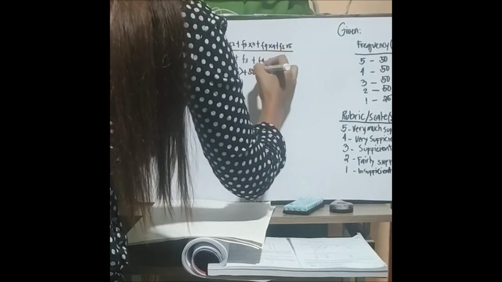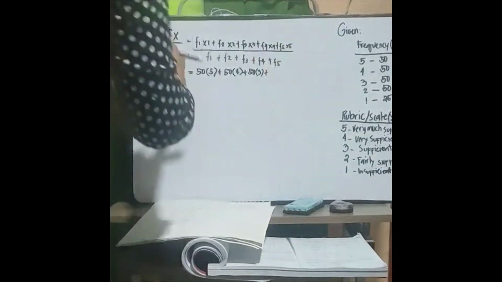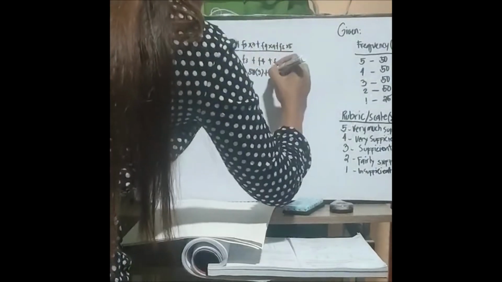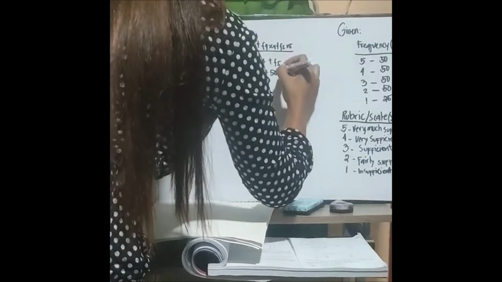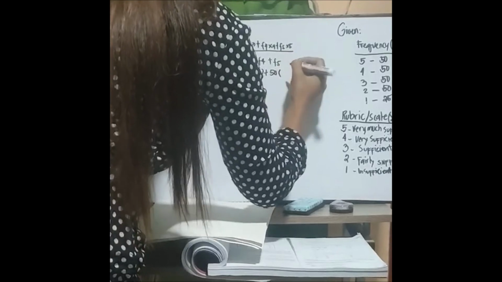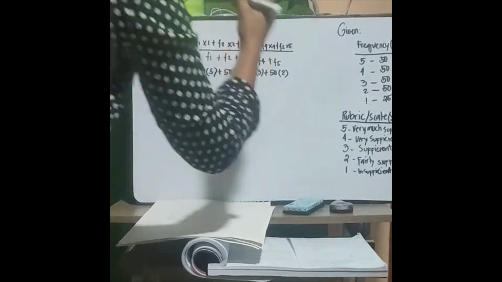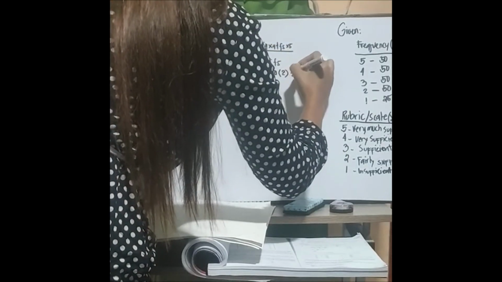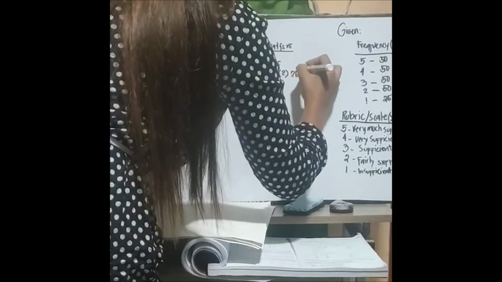Our x sub 3, which is 3. Added by 50 again, our f sub 4, of x sub 4, which is 2. And also our f sub 5, which is 25, and our x sub 5 is 1.